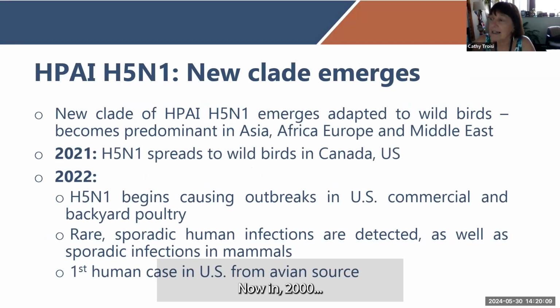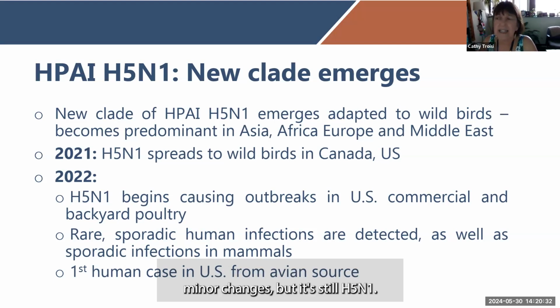Now, in 2005 as well, we saw a new clade of H5N1. Let me explain some of these terms. A clade is just a minor change, so it's like antigenic drift.